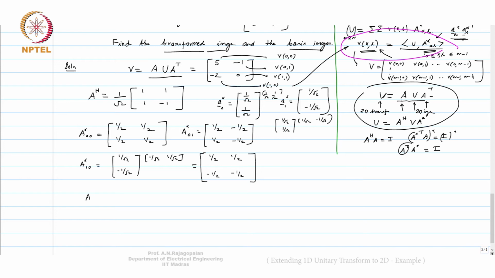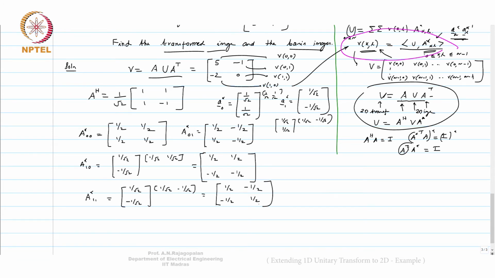Then finally A star 1, 1. So that is 1 by root 2, minus 1 by root 2, into 1 by root 2, minus 1 by root 2. If you do this, 1 by 2, minus 1 by 2, minus 1 by 2, 1 by 2.